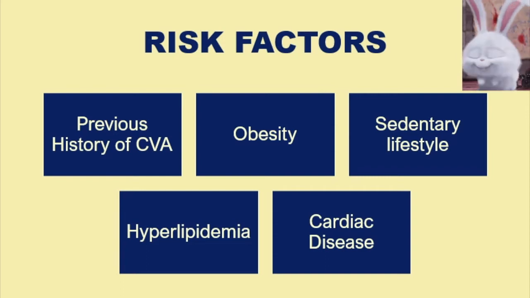Then we also have cardiac disease, specifically dysrhythmias. Among the dysrhythmias, it will be atrial fibrillation that increases the risk for ischemic stroke. Recall that in atrial fibrillation, the heart is not able to pump effectively, in such a way that part of the blood that should be coming out of the heart would stay in the heart. With the blood staying in the heart, the tendency is that there will be clot formation.